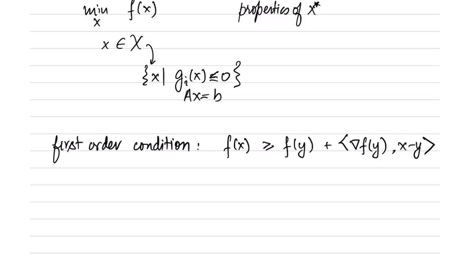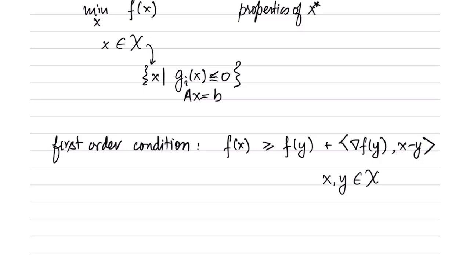Right, so this is the first order convexity condition, and we are interested in x and y that are in calligraphic X, that are feasible, because if they are not feasible, then this is not of much use. So calligraphic X is the feasibility region.